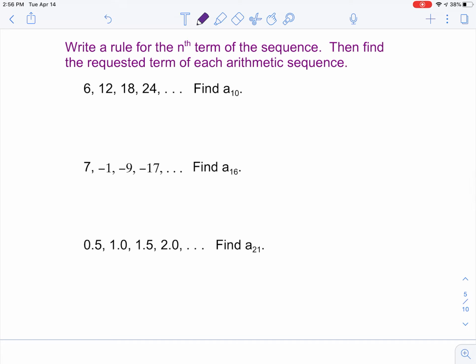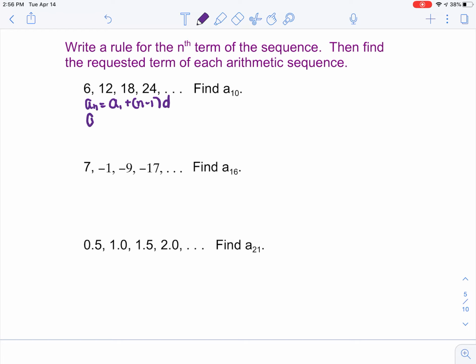All right, so we are going to write the rule for these, and then we're going to find a certain term. So first we're going to write the rule. And remember, we have a sub n equals a sub 1 plus n minus 1 times d.